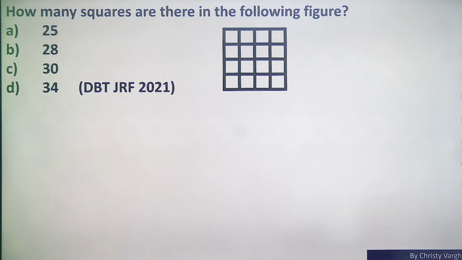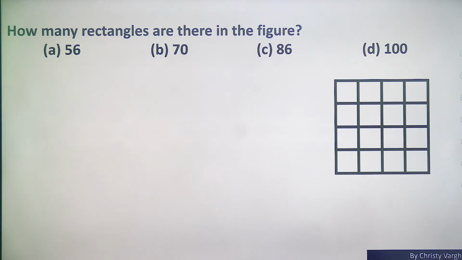Already we discussed now. Yeah, it is 30, right? Not 70, 30. Why 30? Square number we have found for the previous question already. Here square number is asked. Square number will be 4 into 4 plus 3 into 3 plus 2 into 2 plus 1 into 1. That came up to be 30.